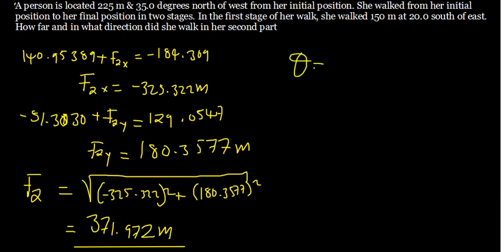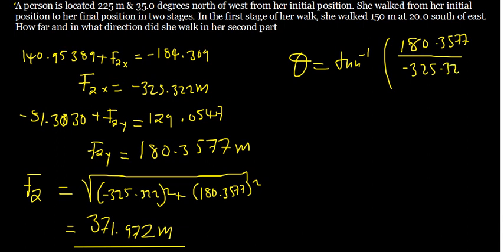The next thing we need to find, since this is a vector, is a direction. And theta is always given by tan inverse of the y component, 180.3577, divided by the x component, which is negative 325.322.